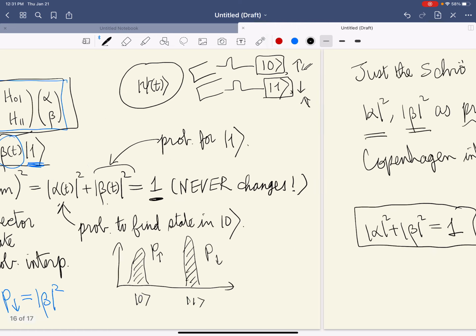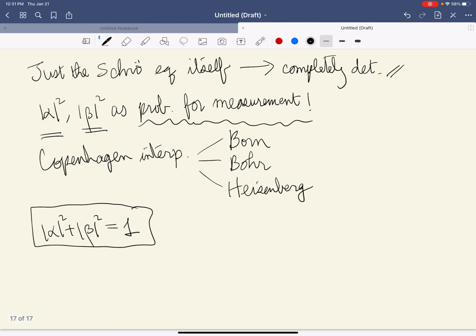Okay, so then that means I can also compute these numbers. What's the rate of change of the alpha modulus squared?